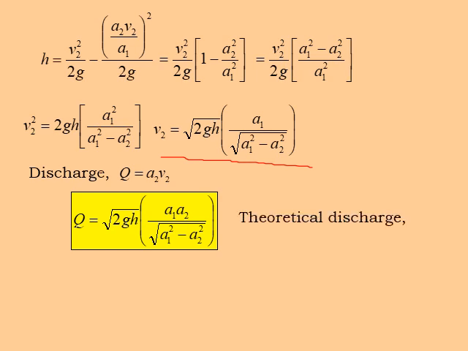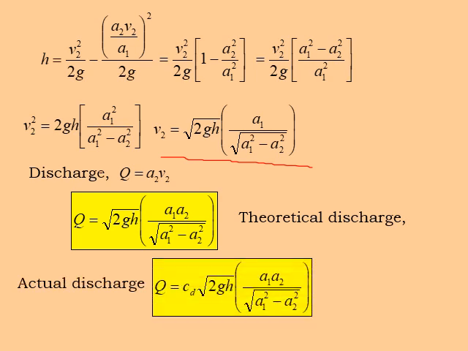So this is called the theoretical discharge. The actual discharge is given by Q is equal to Cd into square root of 2gh into A1 into A2 by square root of A1 square minus A2 square. Here Cd is equal to the coefficient of discharge.